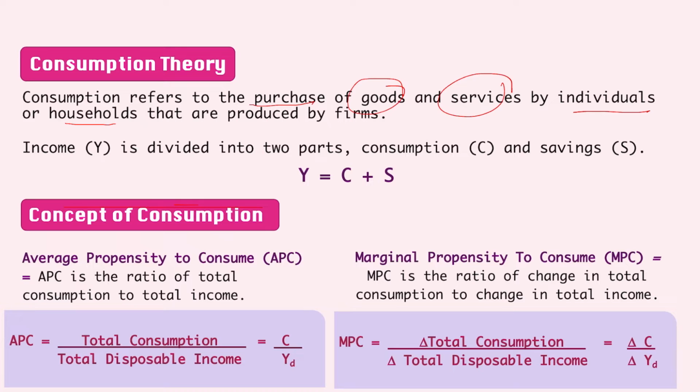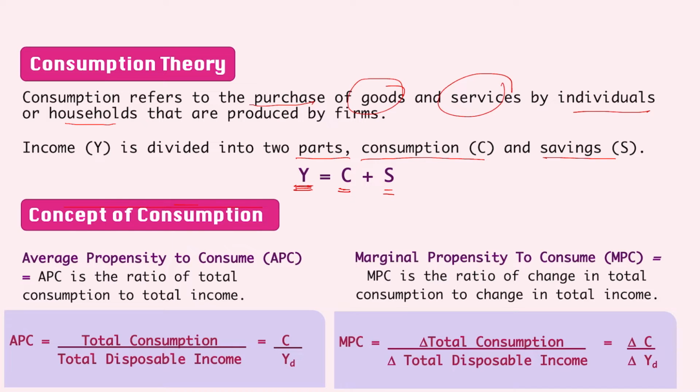The income is divided into two parts: consumption, and part of the income will go to saving. So here Y equals C plus S.